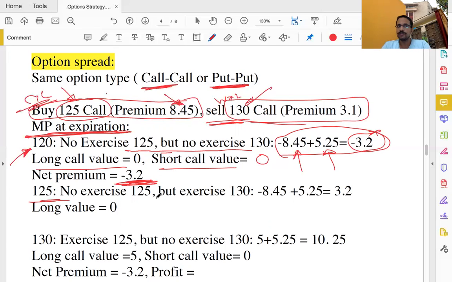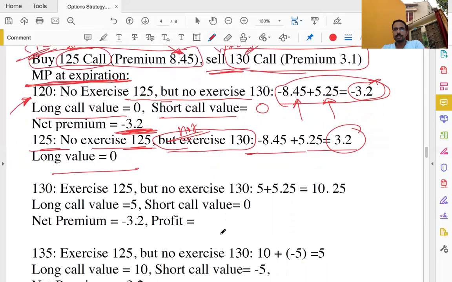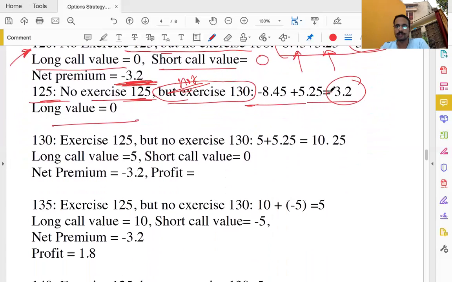In case of 125, again the same calculation is done, that it won't be exercised because market price is same, and somebody who has bought a call will also not exercise. So again, only the premium play remains, which is negative 3.2.